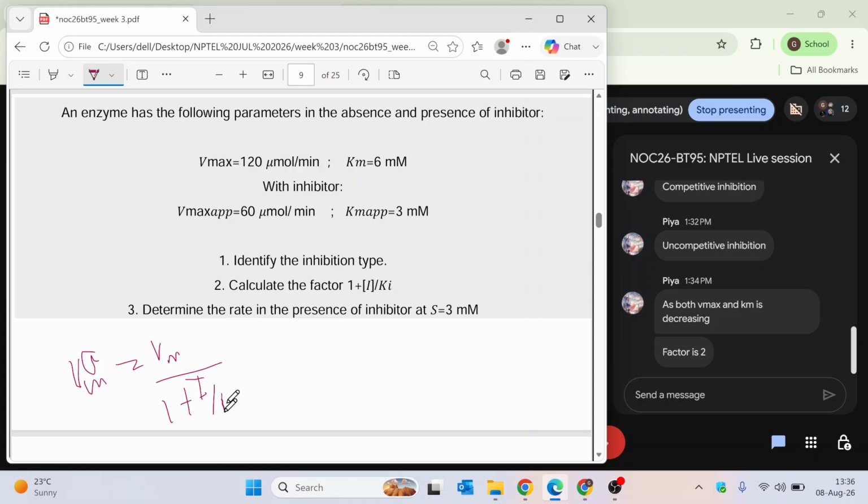So now you have to find 1 plus I by Ki, which is the ratio of Vmax by Vmax apparent.